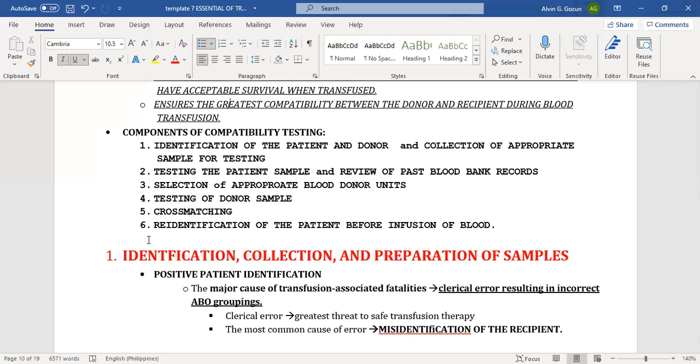Testing the patient sample and review of past blood bank records. Okay, again, it is important for us to review the history, yung history ng pasyente or ng donor. Number three, the selection of appropriate blood donor units. Number four, testing of donor sample. Tetestin natin yung sample from the donor.